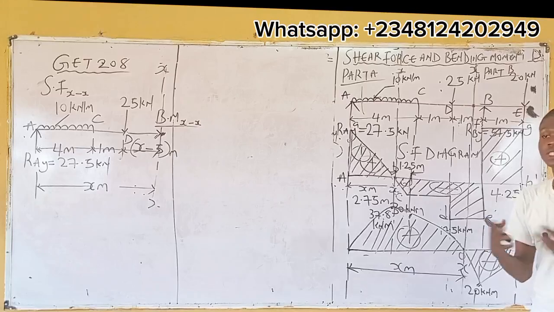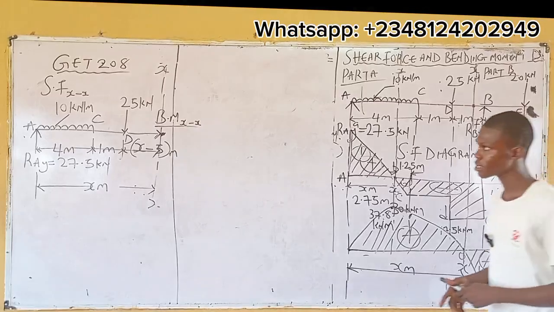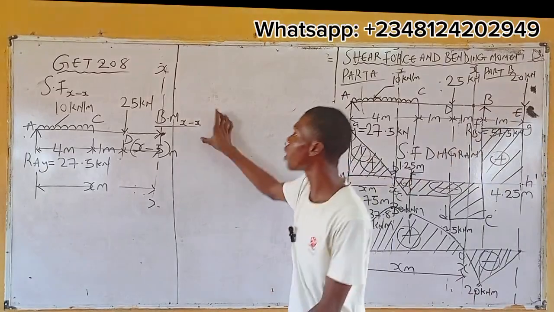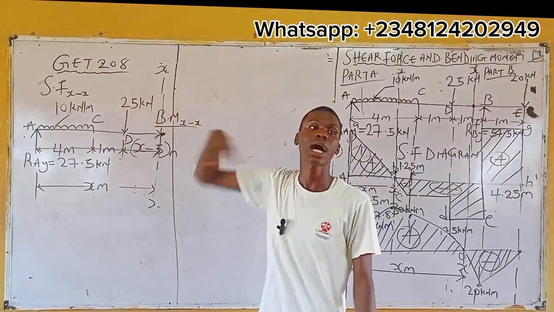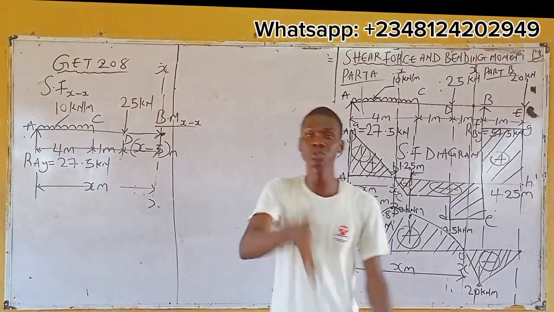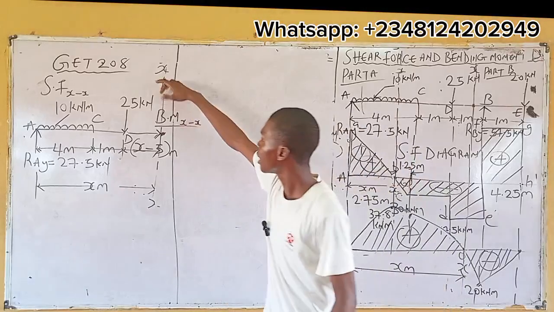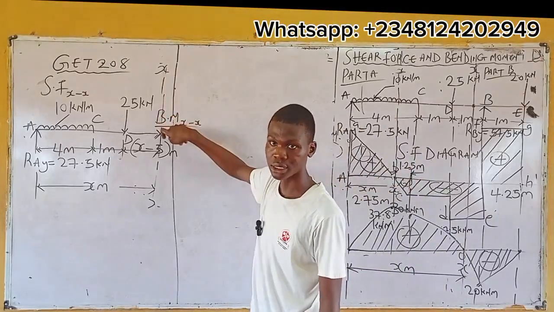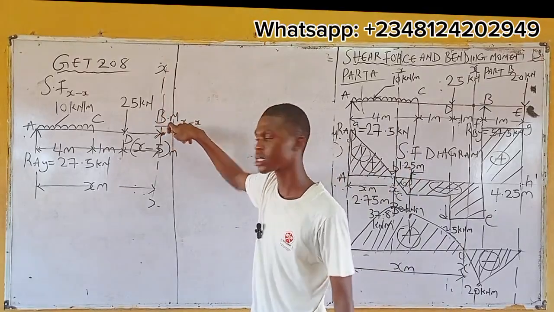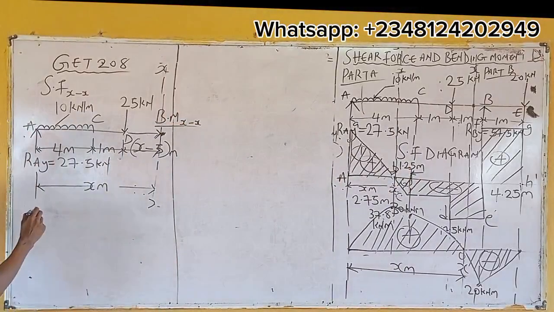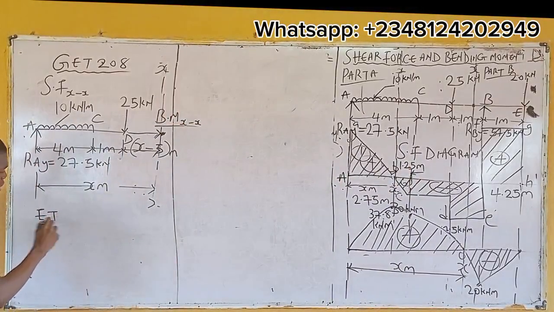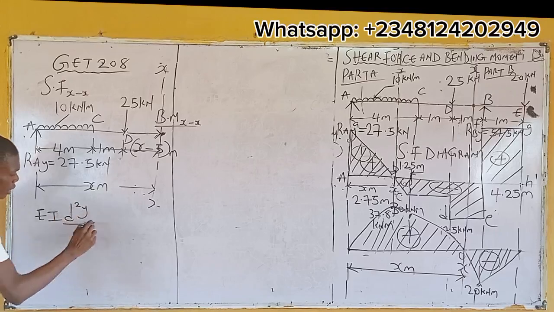Or you see a pin support, right? The way you expect it. But by this, what this means is that I think we are doing deflection of beam. It means the moment you take at this point, you are going to equate it to EI d squared y over dx squared.